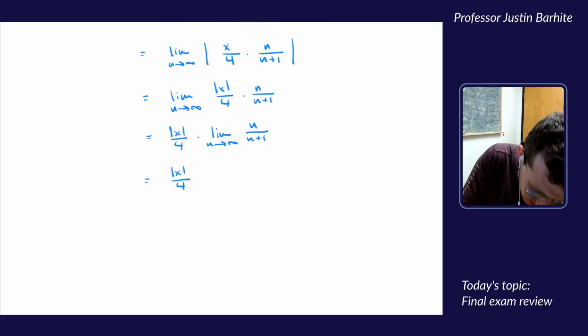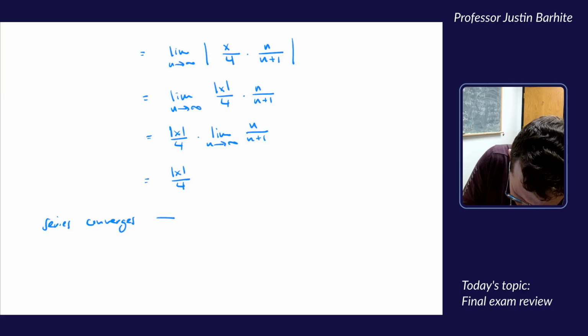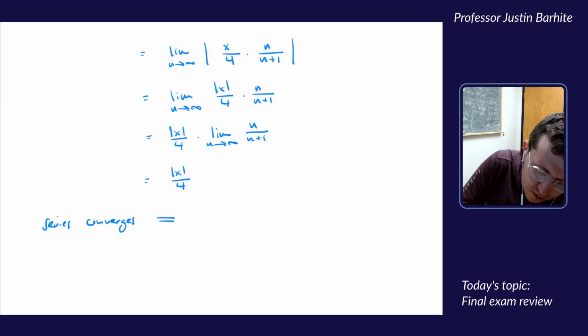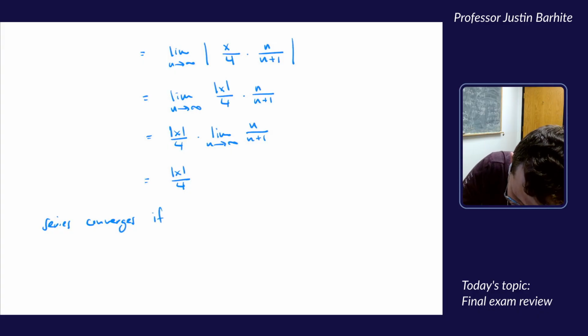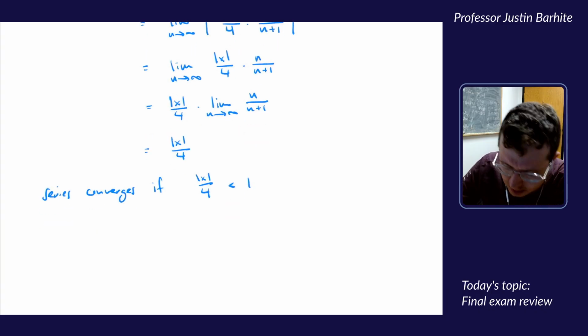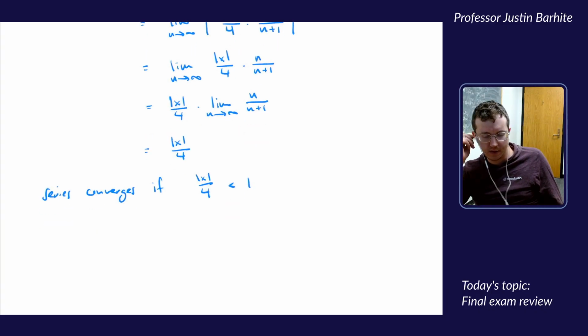Okay, so the series converges if this limit is less than 1. That's what the ratio test says. If the limit is less than 1, the series converges.